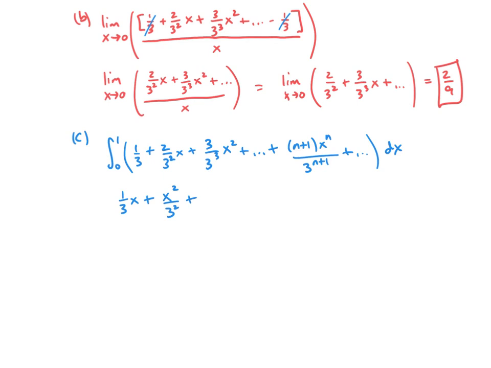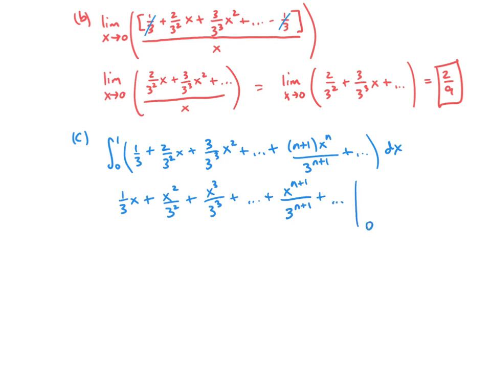So we have x to the third, divide by 3, so that would give you 3 cubed, and so on. And then for our nth term, we're going to add 1, which is n plus 1, and we're going to divide by that, which gives us x to the n plus 1 divided by 3 to the n plus 1, and so on.